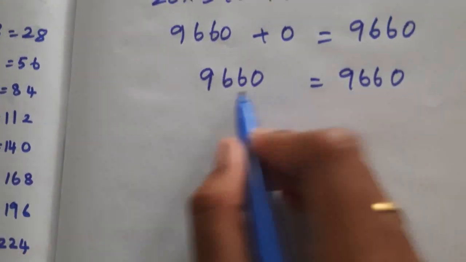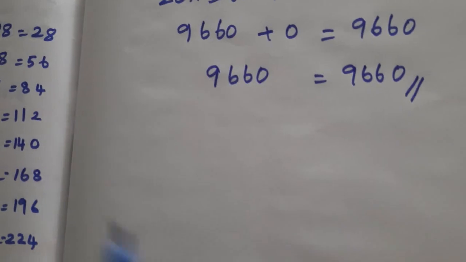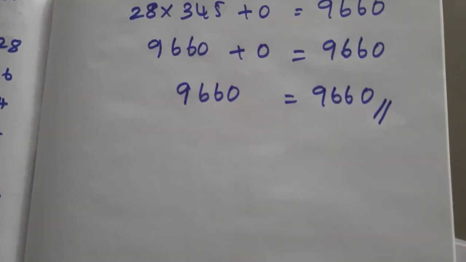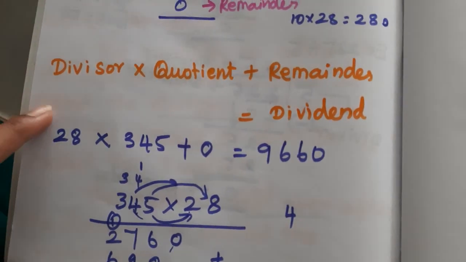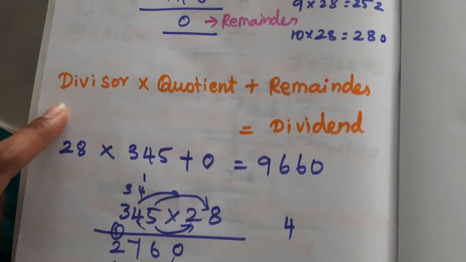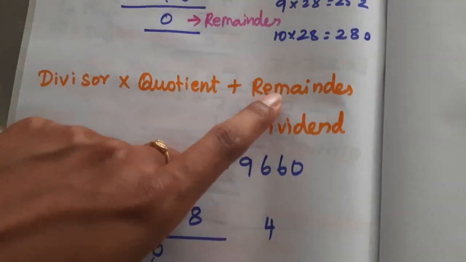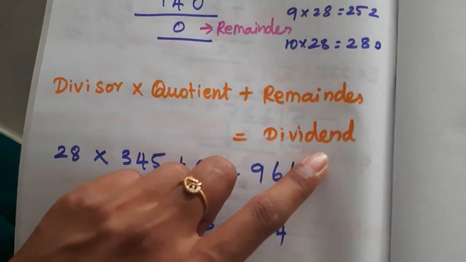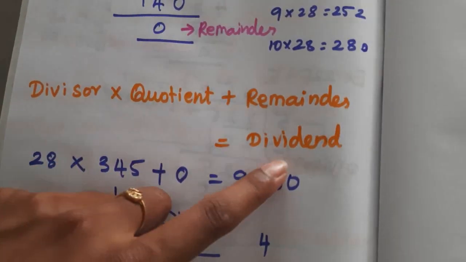So both the dividends are equal, so your answer is correct. Okay, so this is the way you have to check the answers in division. This is the formula for verifying the answers in division: divisor into quotient plus remainder equals dividend.